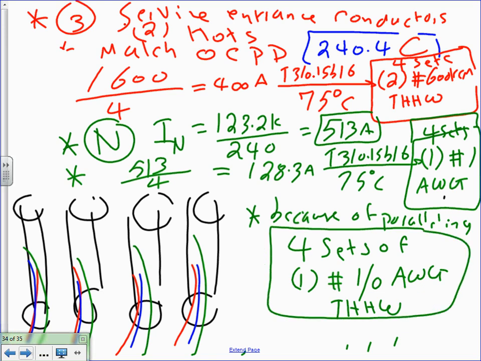So right in here, this conductor will be number 1 aught, and the 2 boys here, what did we say, 600 kcm in 1 conduit. Can you guys see that? 4 runs.